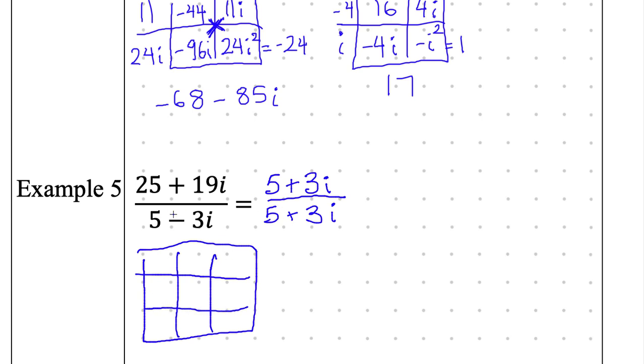And you gotta multiply those two and those two. So you gotta go 5. So far, so good.